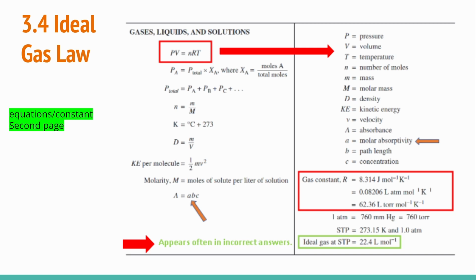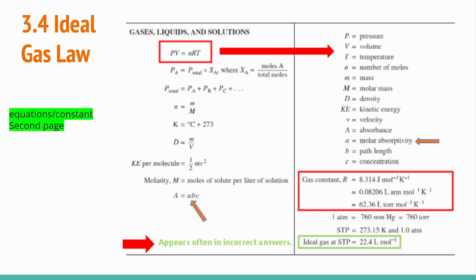It's only an ideal gas at STP, and STP corresponds to standard temperature and pressure. You can see the definition below, where STP is at 273.15 Kelvin and 1 atmosphere. That is the standard, and it's only for those situations. So if you have an ideal gas not at STP, then you would need to not use that relationship, 22.4 liters per mole.